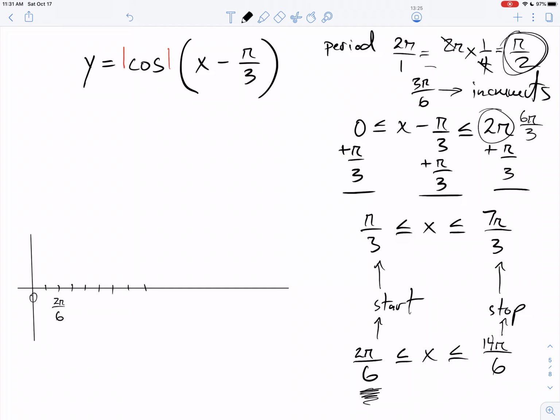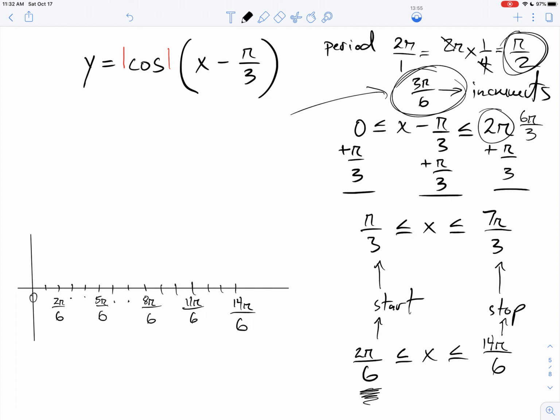And then I have to add my increment. So I'm going to go 2 pi sixths, 3 pi, 4 pi, 5 pi sixths, 6 pi, 7 pi, 8 pi sixths. I could reduce that; I'll come back and do it later. Then 11 pi sixths, and then 14 pi sixths.